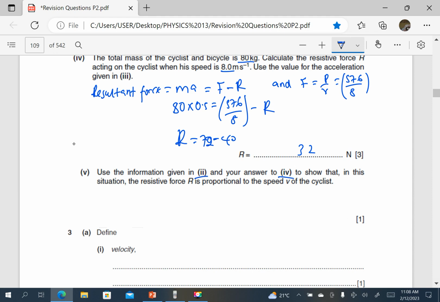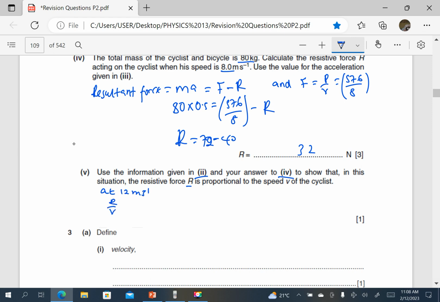Use the information given in Roman 2 and your answer in part 4 to show that in this situation the resistive force R is proportional to the speed V of the cyclist. Let's check. If they are proportional, it means when I divide R over V, I should get a constant.